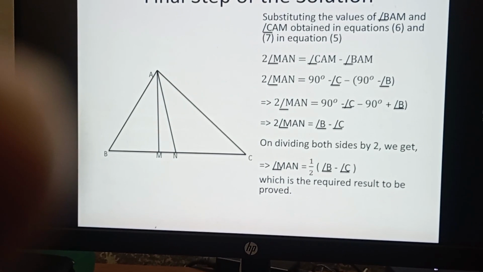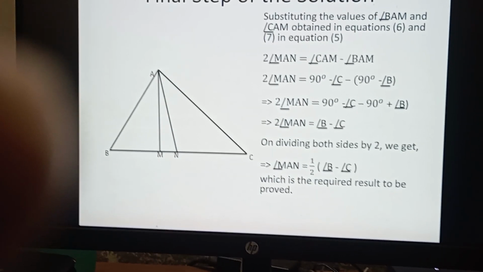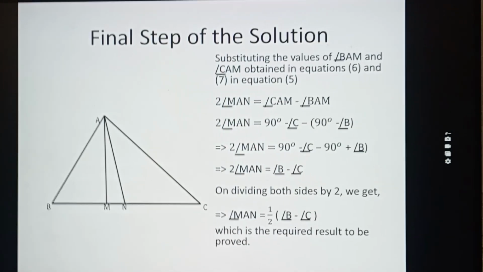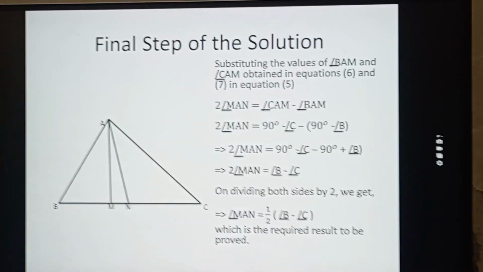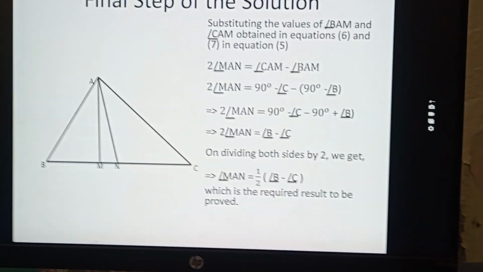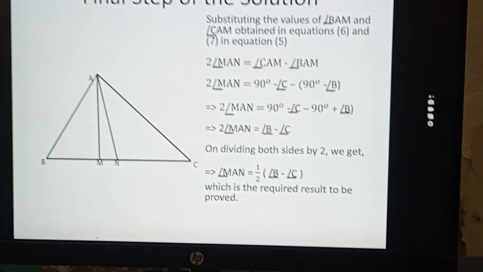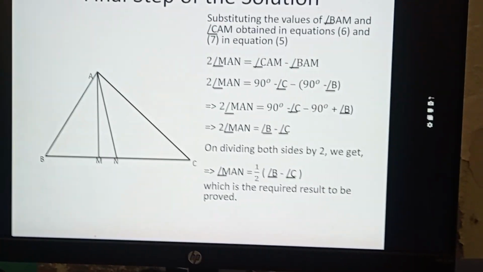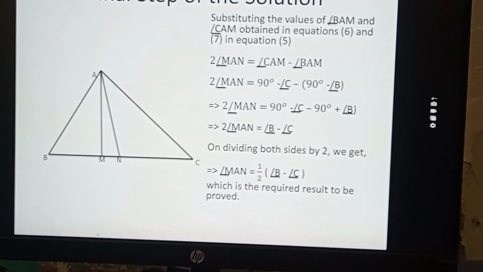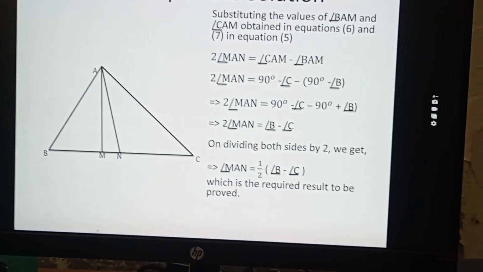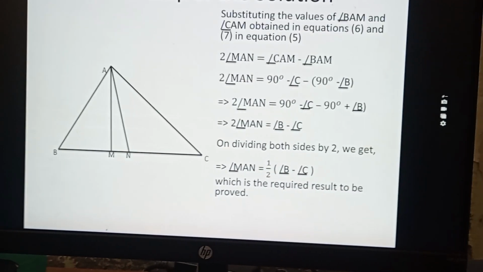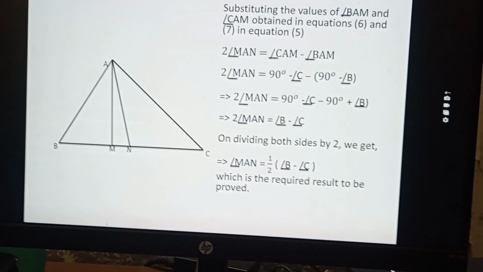When we remove the brackets the sign changes, since there is a minus before the brackets, so the 90 degrees plus angle B, the change of sign is affected. So the 90 degrees gets cancelled out.